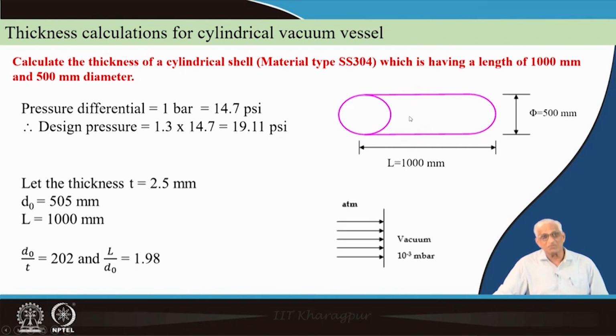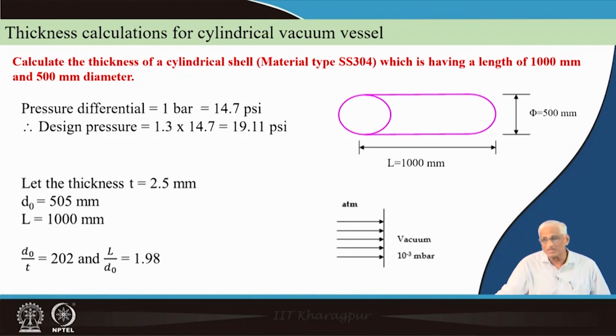Before that, we have to decide which material we are going to use. Here I am going to take SS304, which is very popular in vacuum technology. You can use mild steel, aluminum and other materials in very specialized situations, or when your budget does not allow you to purchase a very high quality stainless steel. But when it comes to 10 power minus 10 torr, budget is not the problem.